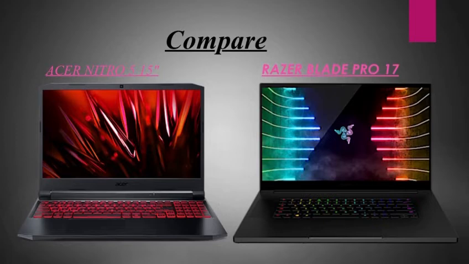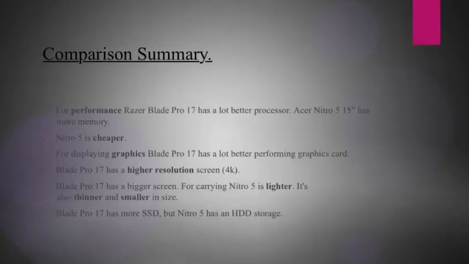Okay, the first is the performance. The Razer Blade Pro 17 has a much better processor than the Acer Nitro 5. For the graphic display, the Blade Pro 17 has a better performing graphics card and also has a higher resolution 4K screen and a larger screen.